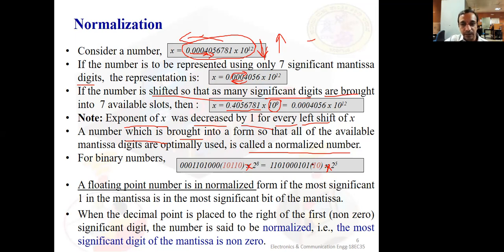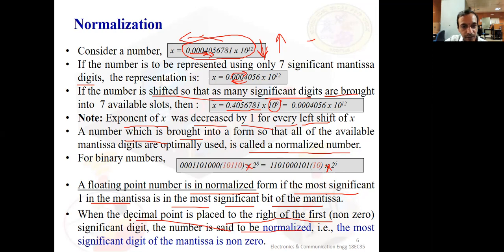We'll discuss that in the next slide again. A floating point number is said to be in normalized form if the most significant one in the mantissa is in the most significant bit of the mantissa. That is, when the decimal point is placed to the right of the first non-zero significant digit, the number is said to be normalized.